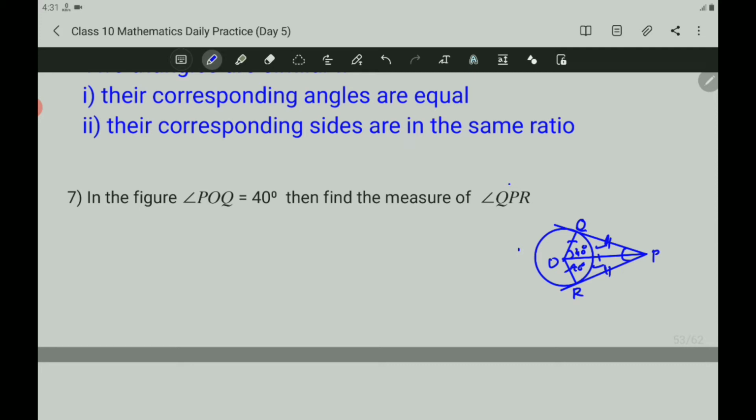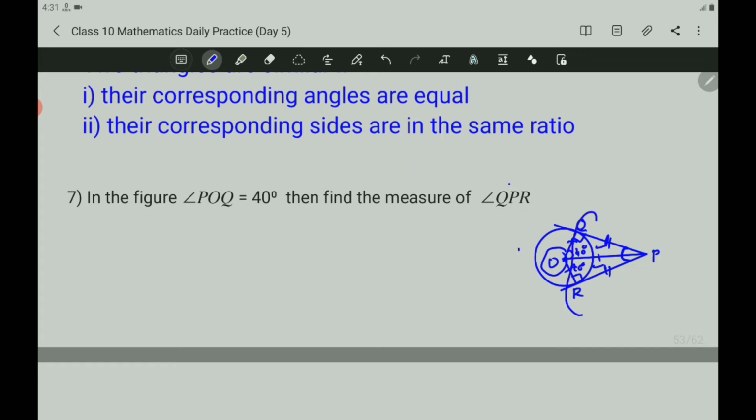And 40 plus 40 becomes 80 degrees, and the sum of angle QOR and angle QPR must be equal to 180 degrees, as PQOR is a quadrilateral. This angle is 90 degrees, and this is also 90 degrees.